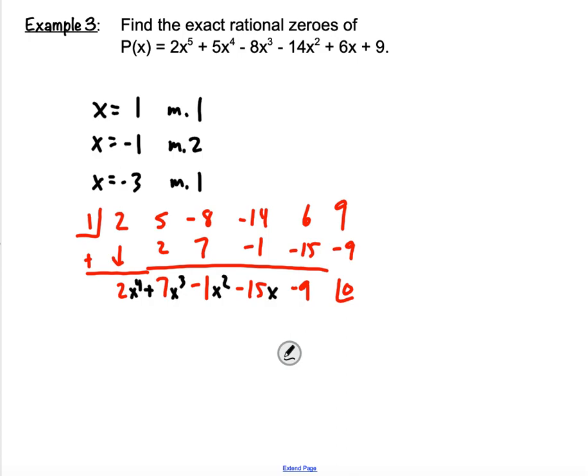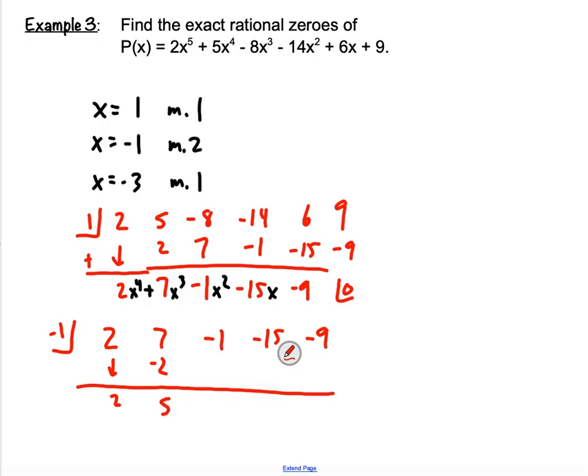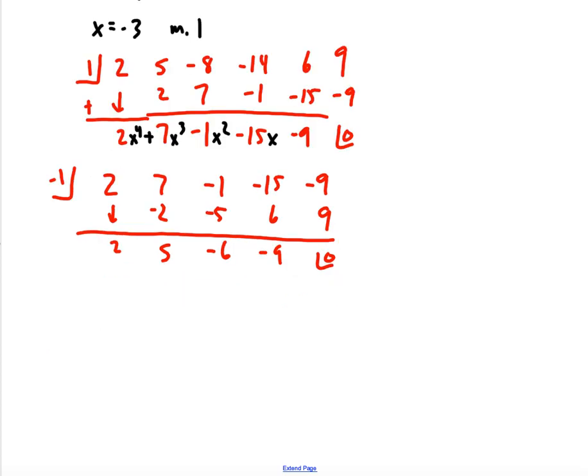So now we take those new coefficients and put another zero inside the box, so maybe like -1. Bring down the first number, multiply by what's in the box, add, multiply by what's in the box, add, and so on. So now we're down by a power of x again.